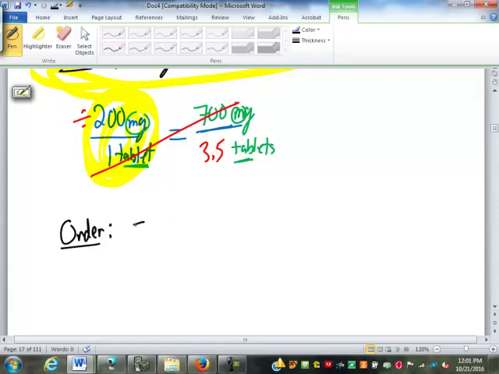So if we have an order for 50 milligrams, and our label says that our medication is constituted to 5 milligrams in 2 milliliters.